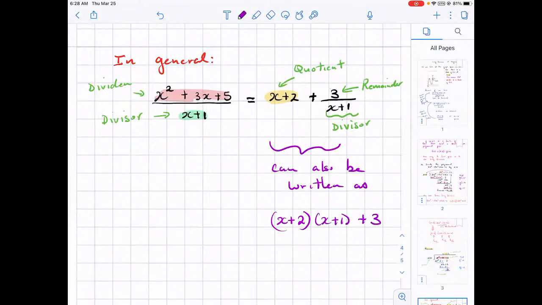And we get that by multiplying both terms by x plus 1. And this is what's called the division algorithm.